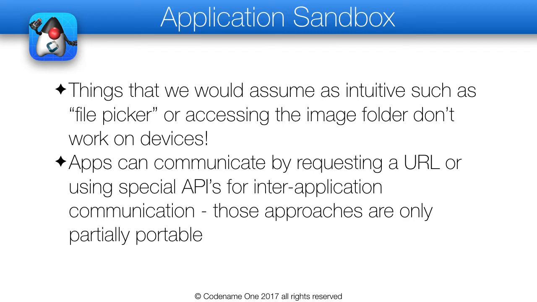One of the things that does exist is, for instance, we have the Open Image Gallery API. And you can essentially ask the system to pick an image file for you. And then it opens the native image picker gallery. You pick an image, and that image is sent back to your app.